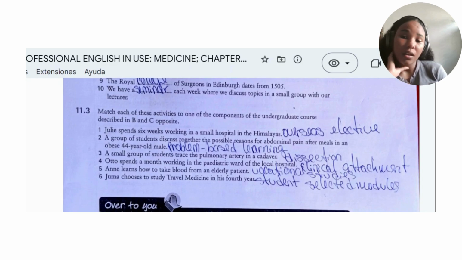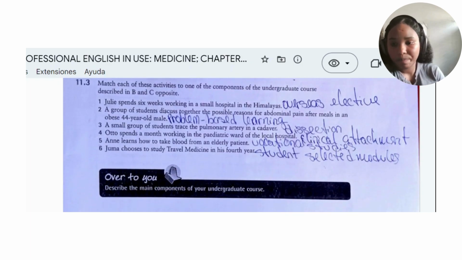Match each of these activities to one of the components of the undergraduate course described in B and C opposite. Julie spent 6 weeks working in a small hospital in the Himalayas: overseas elective. A group of students discussed together the possible reasons for abdominal pain after meals in a 44-year-old male: problem-based learning.